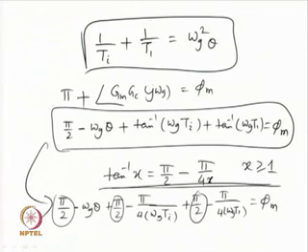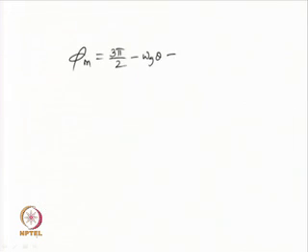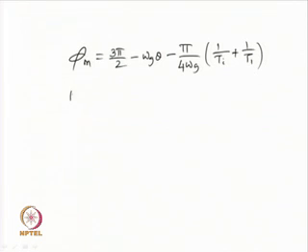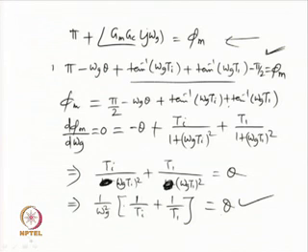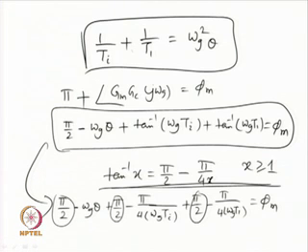minus, I will take common here pi by 4 omega_g, we are left with 1 upon T_I plus 1 upon T_1. Okay. Now, we will substitute 1 upon T_I plus 1 upon T_1, which is nothing but omega_g square theta. Please keep in mind, already we have found that 1 upon T_I plus 1 upon T_1 is equal to omega_g square theta.